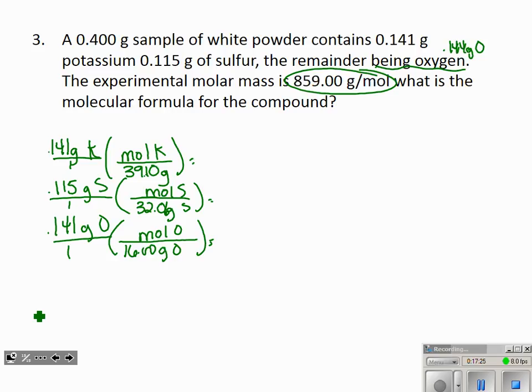So dividing here to get moles, we have 0.00361 moles of potassium.